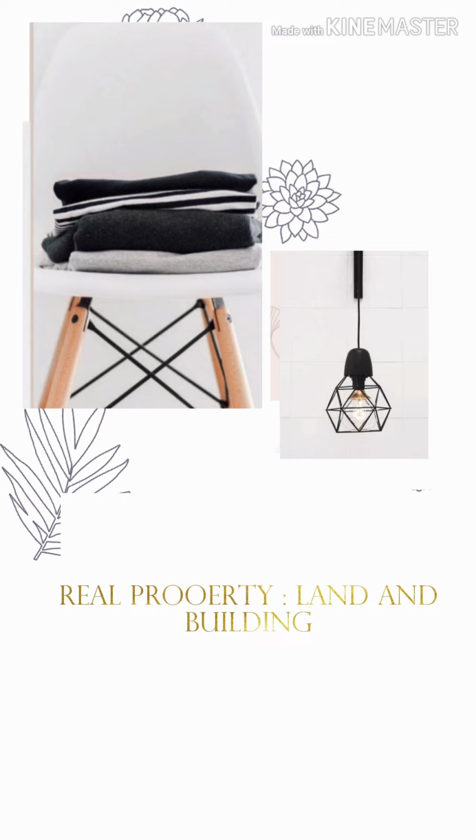Real property, lands and buildings. Real property describes land and things that are attached to the land, which is why land is sometimes called real estate or realty. Even so, wood, steel, and other building materials aren't land themselves.